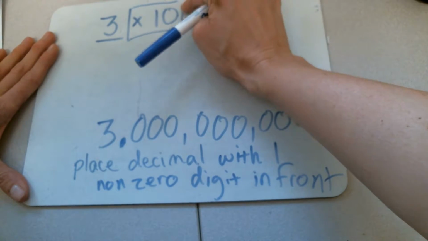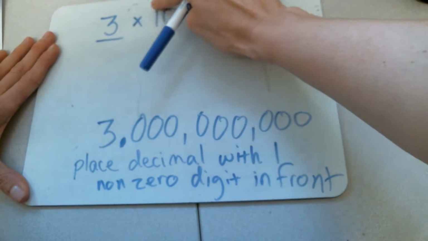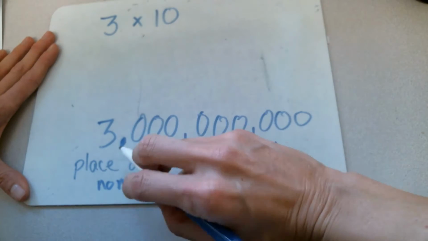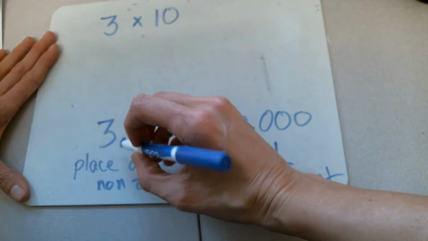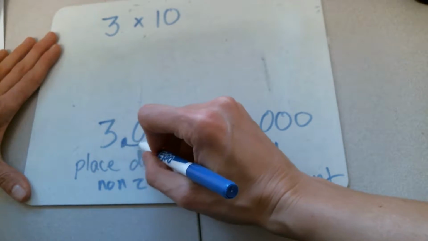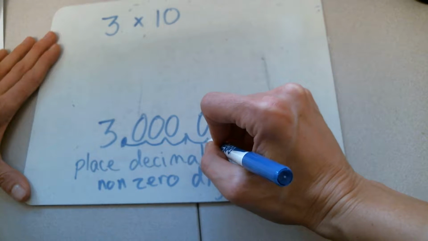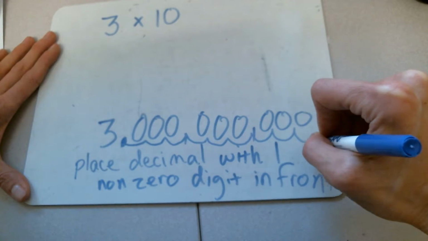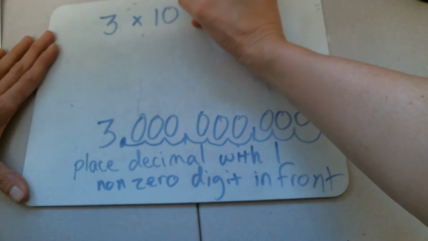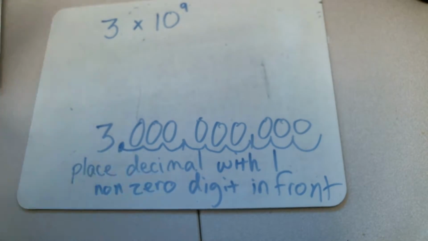So to find the exponent, what we're going to do is see how many places I need to move my decimal to be at the end of the number. So here, let's do this. 1, 2, 3, 4, 5, 6, 7, 8, 9. I moved my decimal point 9 places. Now notice I kept that a positive 9 because I started with a whole number. Okay, so if I'm starting with a number that's not a decimal number, that is bigger than 1, I'm going to want to have a positive exponent.